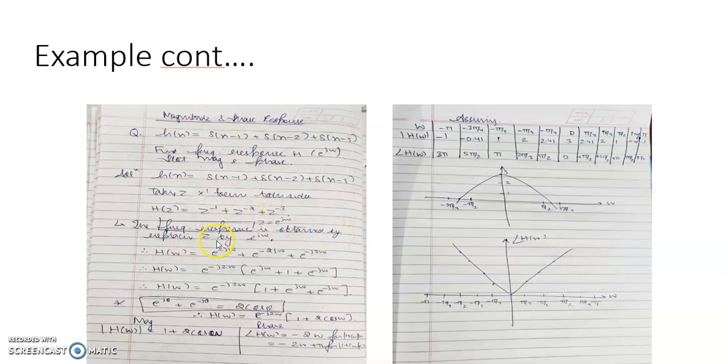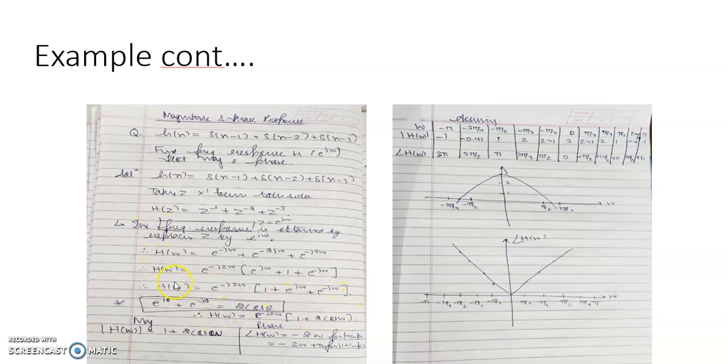The question says find the frequency response, so replace z by e to the power j omega. Whatever z transform you have obtained, replace z by e to the power j omega. You will get this equation; put in the formula for 2 cos theta. So this will be your final H of omega.